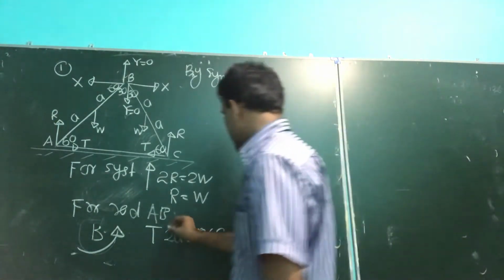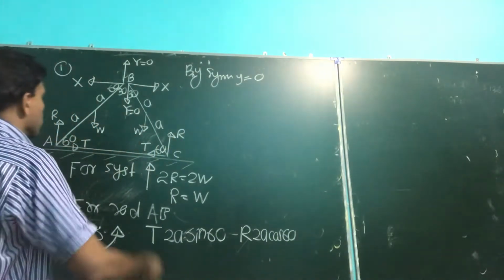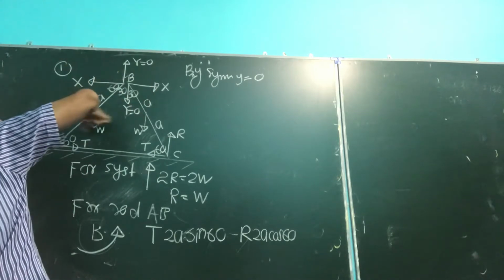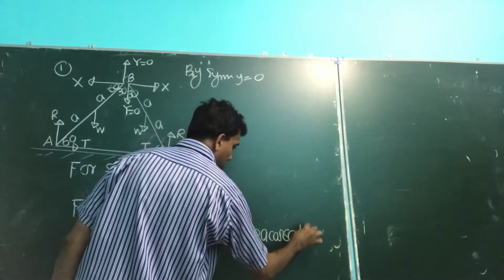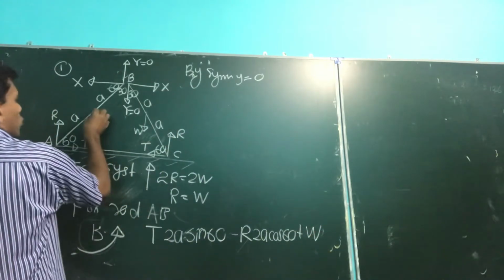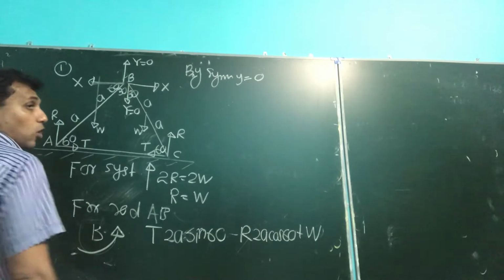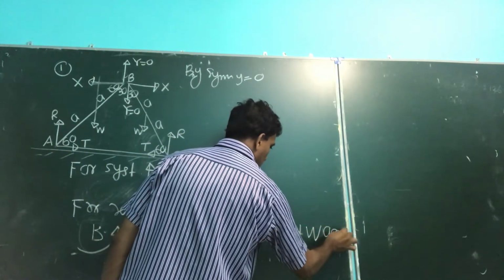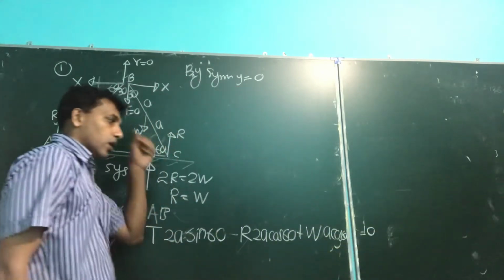Now, we have W also, W there, in the same direction, on that same side, therefore plus W, and the line of action distance here is a cos 60, okay? a cos 60 equal to 0.